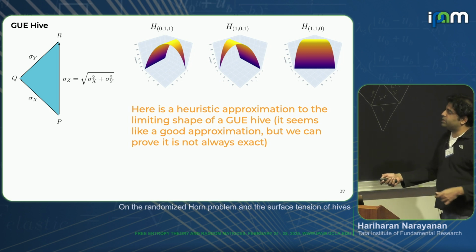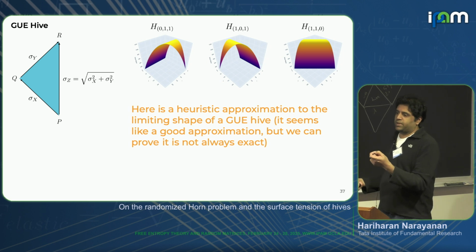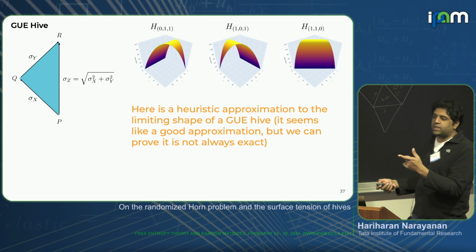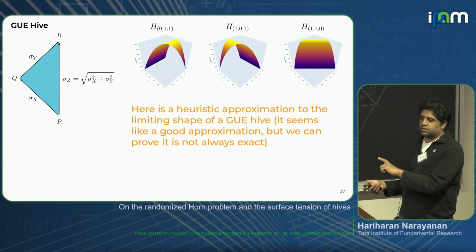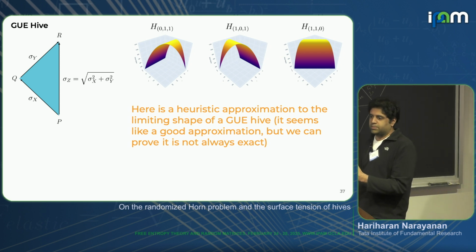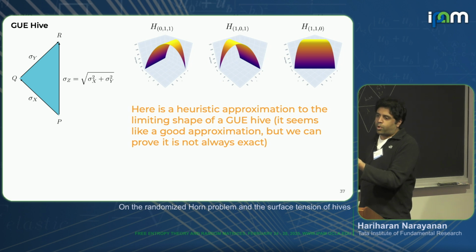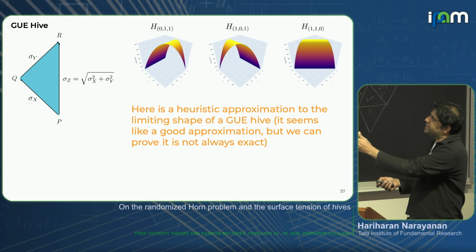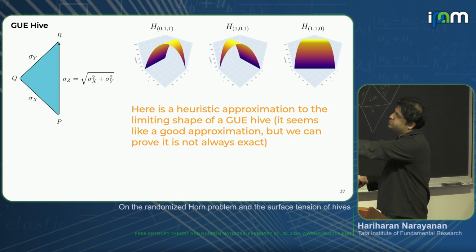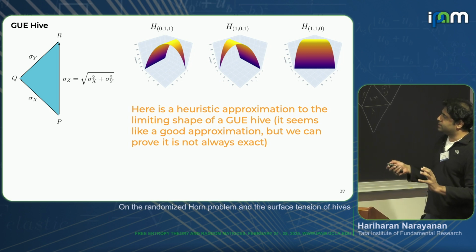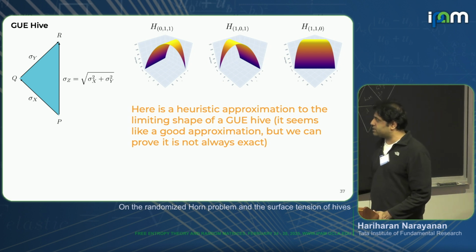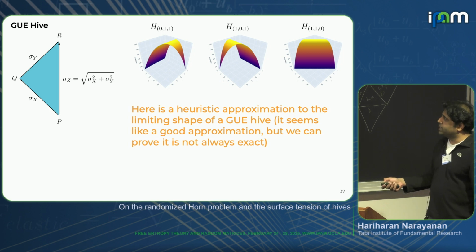This is what you get when you set one of the variances to 0. It is essentially a unique hive that satisfies the hive condition. The hive polytope degenerates to a point when one of the spectra becomes 0, and you get one of these. And then we're going to take convex combinations of these to produce some canonical shape. It turns out that this is not actually the right limit shape, which we can actually prove. But as a heuristic, it seems like a good approximation.